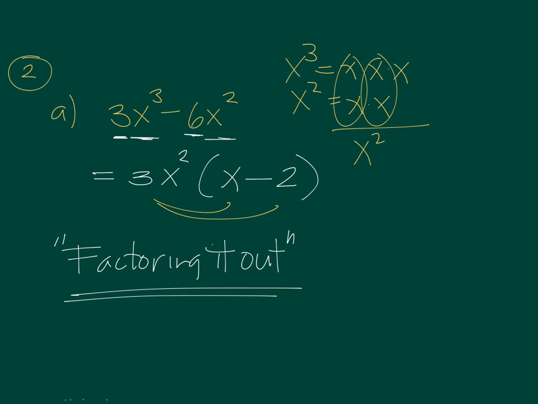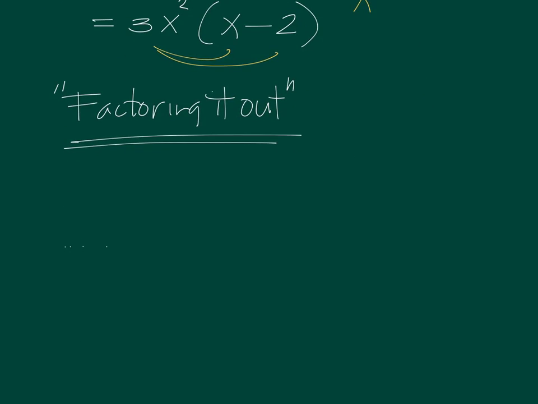Okay. Letter B. Let's go to letter B. In letter B, we're supposed to factor 16m squared n cubed minus 24mn squared.